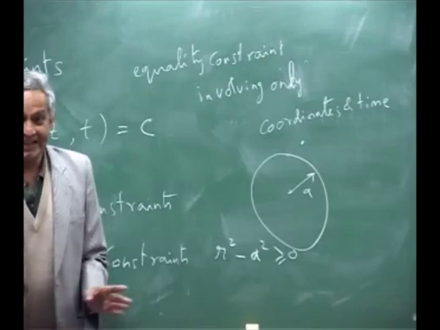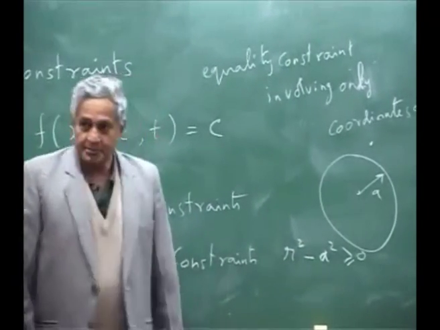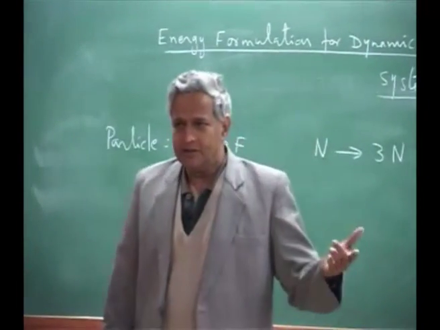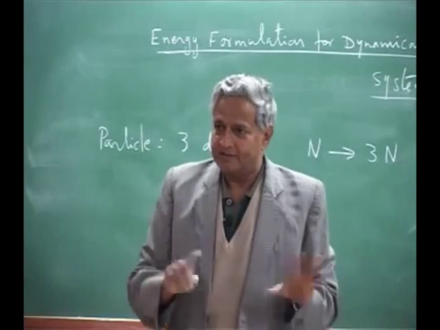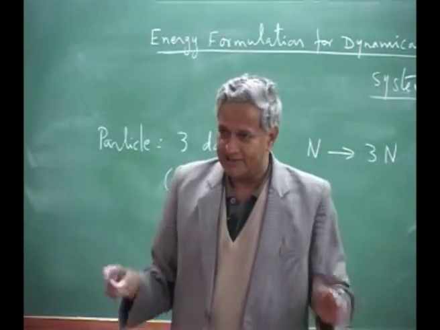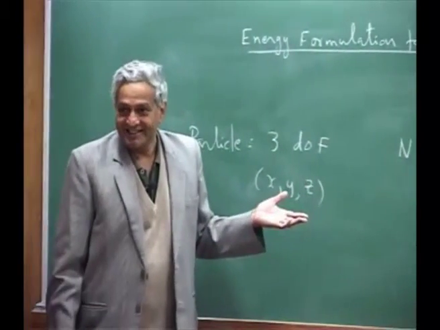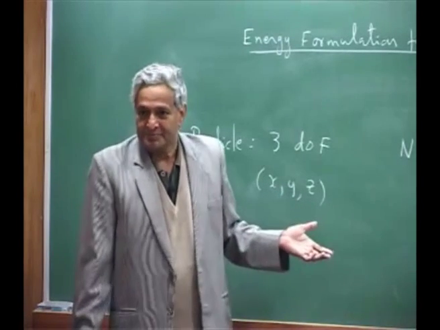Now, you can have derivative constraints, but normally, because all positions in dynamics are described with generalized coordinates, for one particle there are 3 degrees of freedom: x, y, z. So the constraints will be only in terms of these.